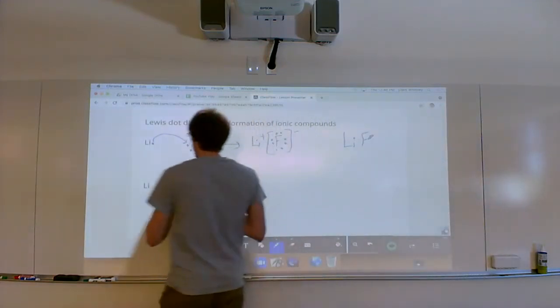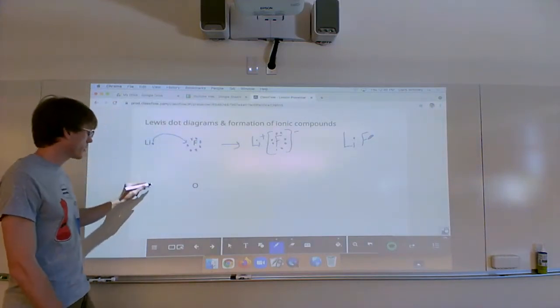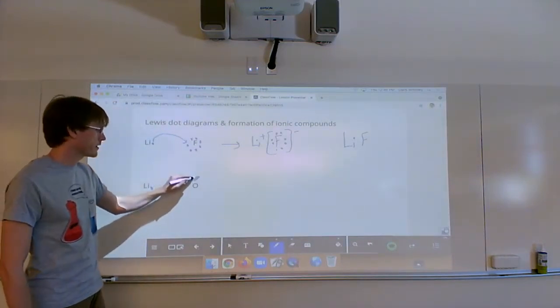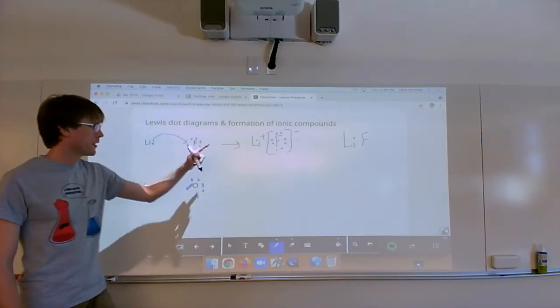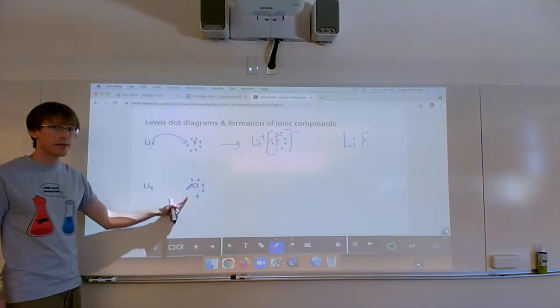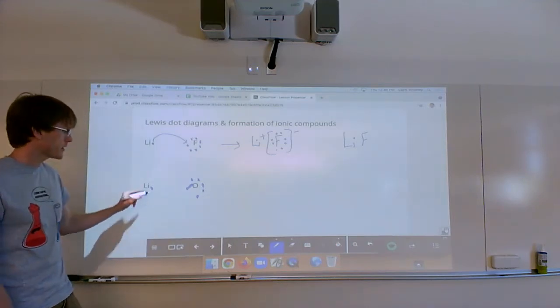But let's make a comparison here. If lithium is forming a compound with oxygen, well, lithium has 1 valence electron. Oxygen, though, is 1 to the left of fluorine, so it only has 6 valence electrons, 6 in its outermost shell.